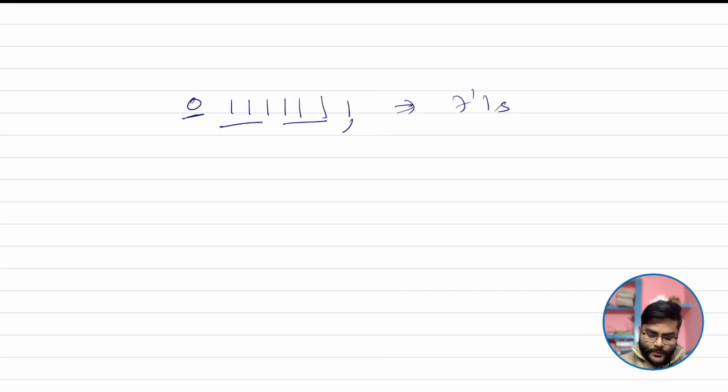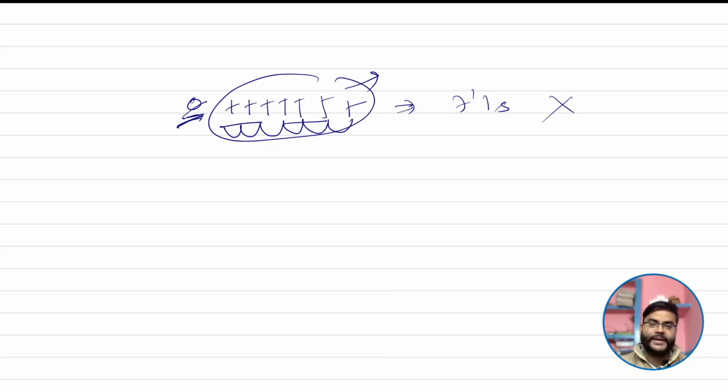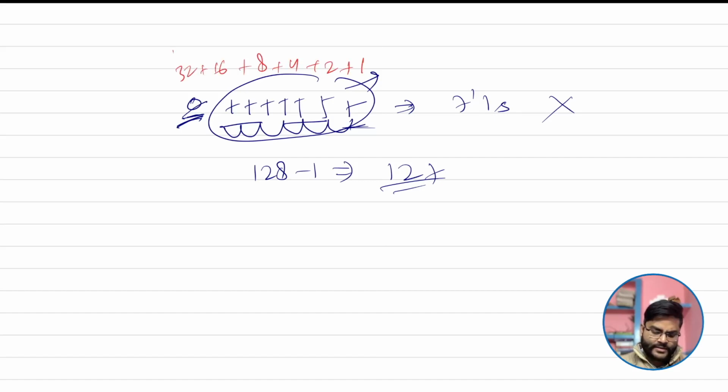do I need to sum up all these values to find the combined value of it? No, right? What's the value of this? 1, 2, 4, 8, 16, 32, 64, 128. So 128 minus 1 will be the value of these 7 ones. You can calculate: 1 plus 2 plus 4 plus 8 plus 16 plus 32 plus 64.